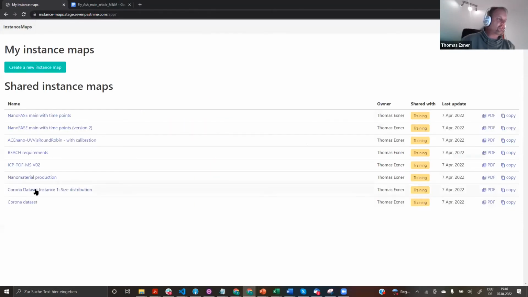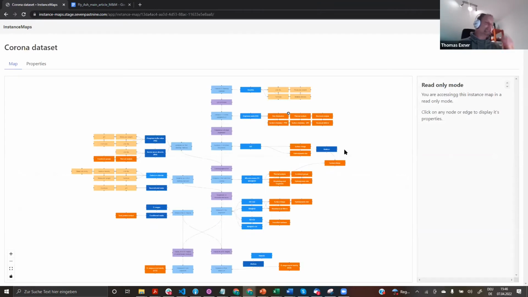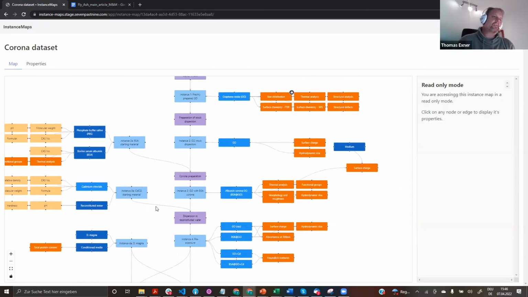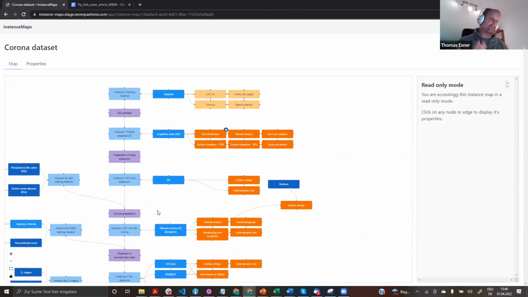And just really the last thing before I move over again is back to the corona data set. The other thing we said is that these things become very, very complex. Therefore, if I would start to put in the raw data and the process data for all these things, these maps wouldn't be understandable anymore, and it would also not be helpful.